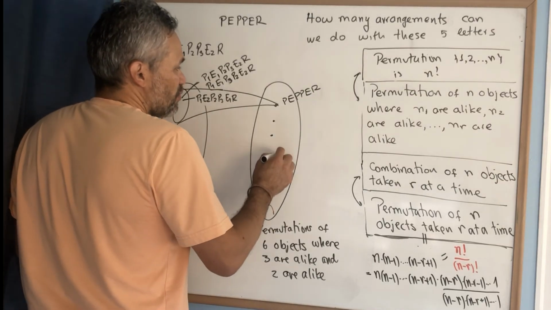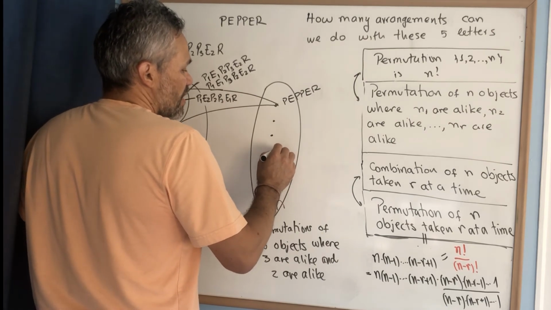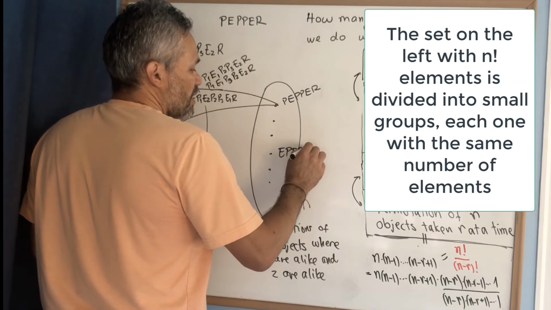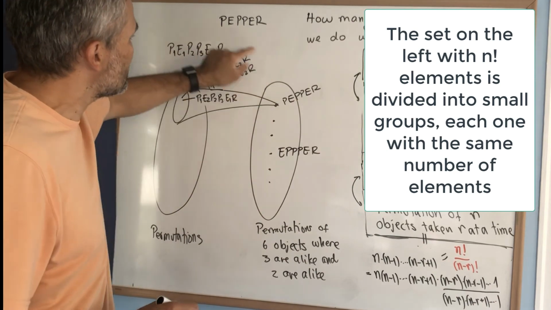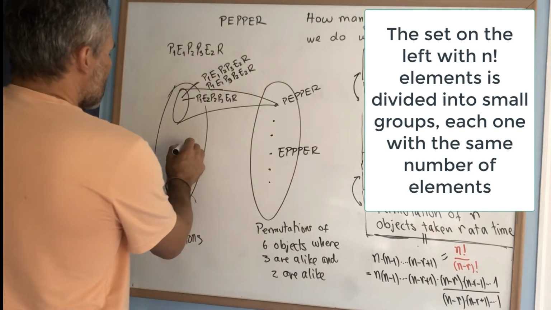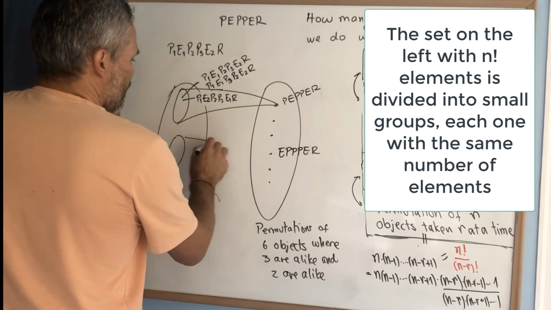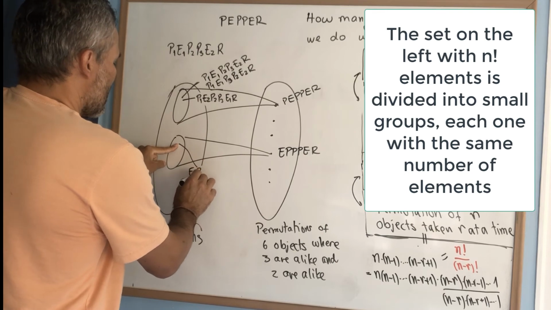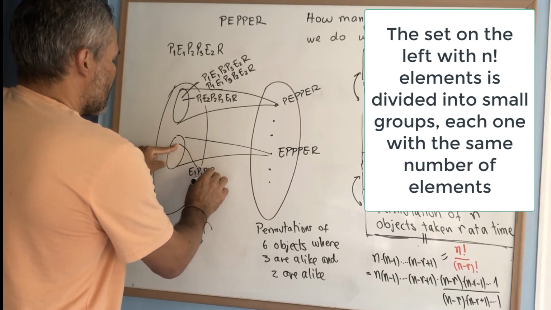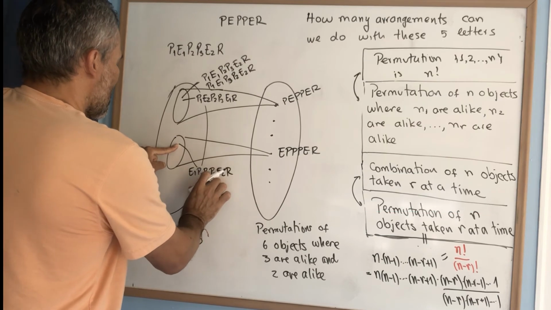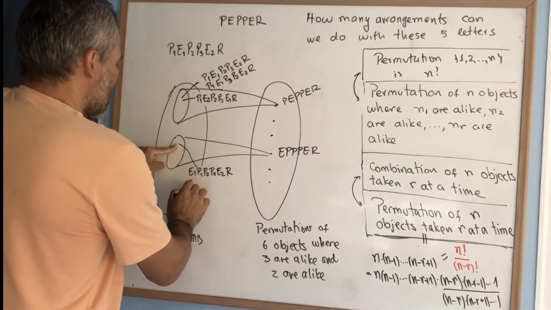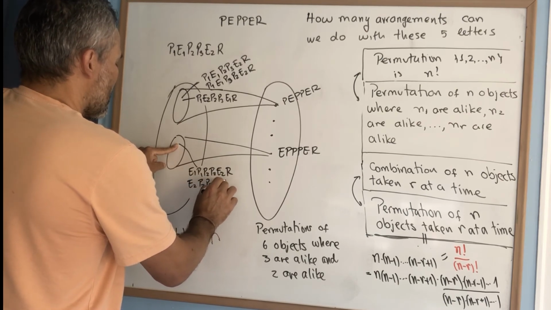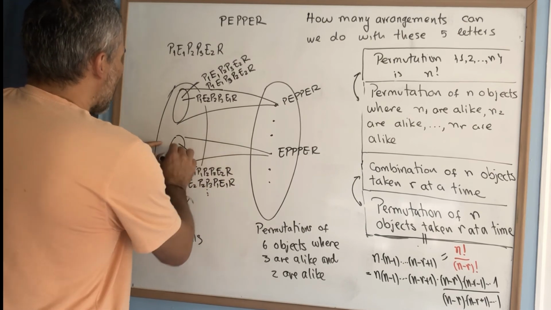Let's try to see some examples for these arrangements. Let's suppose that we have E, P, P, P, E, R. This is another arrangement with the same 5 letters. But here in this group, we will have the permutation E1, P1, P2, P3, E2, R, and we will have the permutation E2, P2, P3, P1, E1, and R, and we will have a bunch of these.